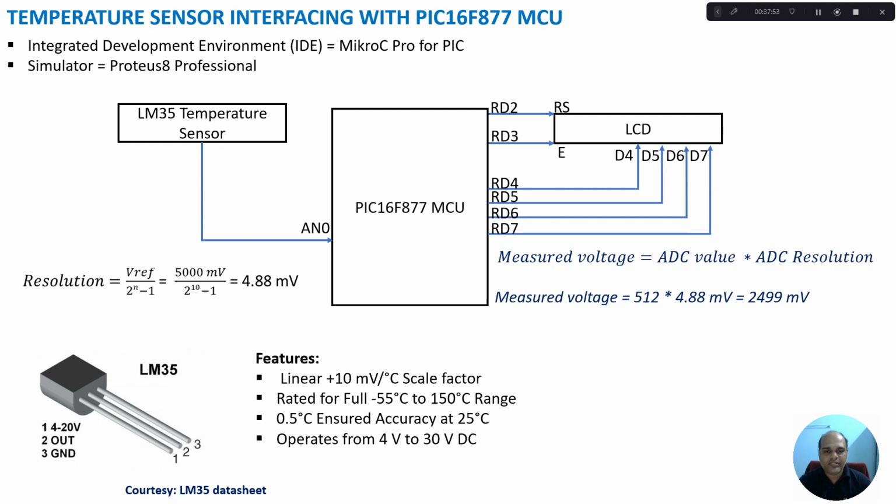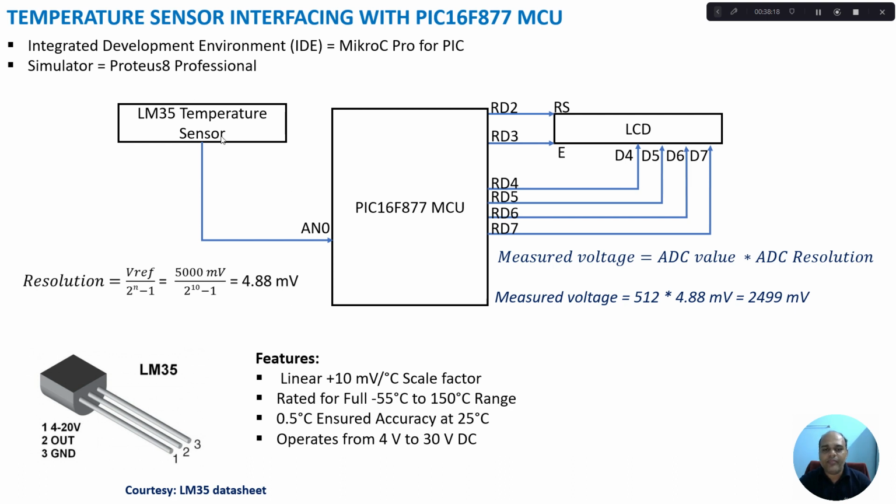If the room temperature is 30 degrees, then 30 into 10 millivolt, which is nothing but 300 millivolt, will be obtained as an output. So this LM35 can work from minus 55 degrees centigrade to 150 degrees centigrade. It gives an accuracy of about 0.5 degrees centigrade, and its operating voltage is from 4 to 30 volt.